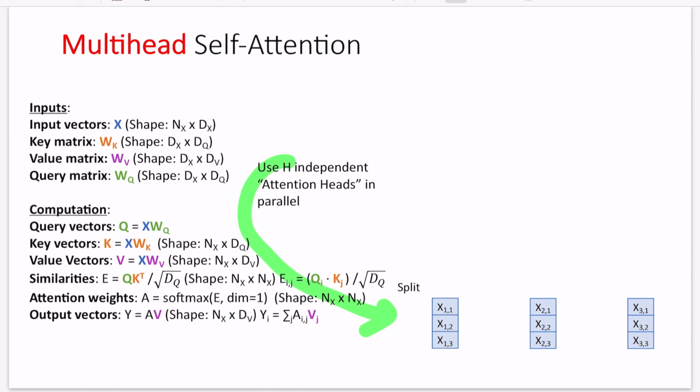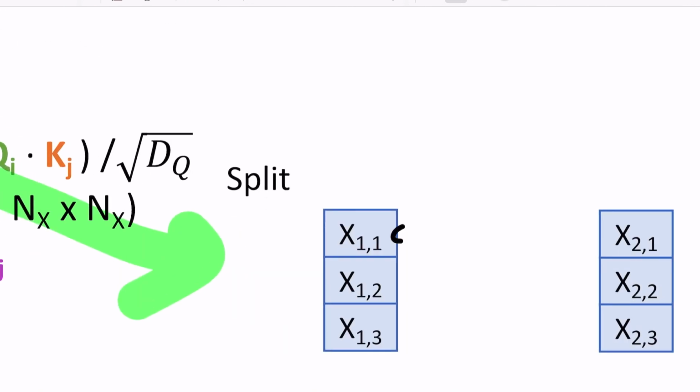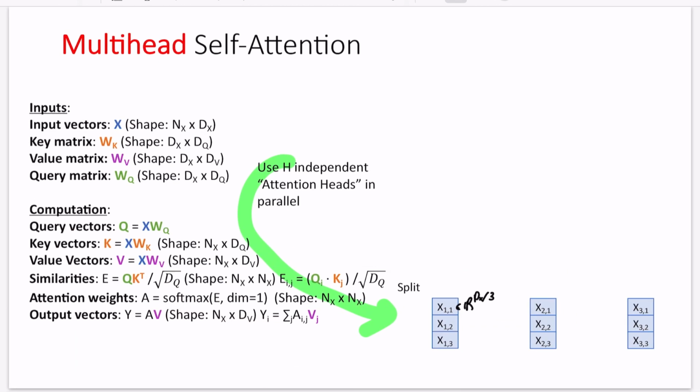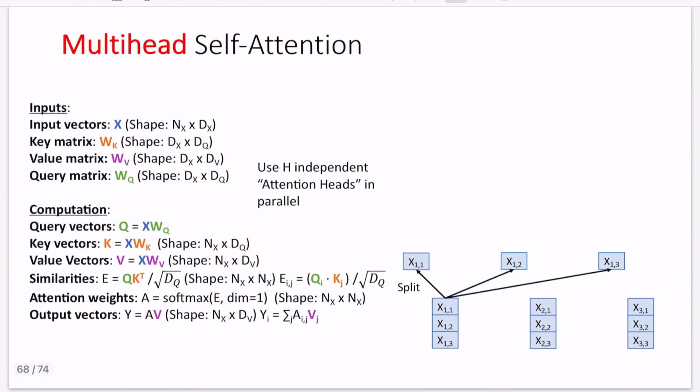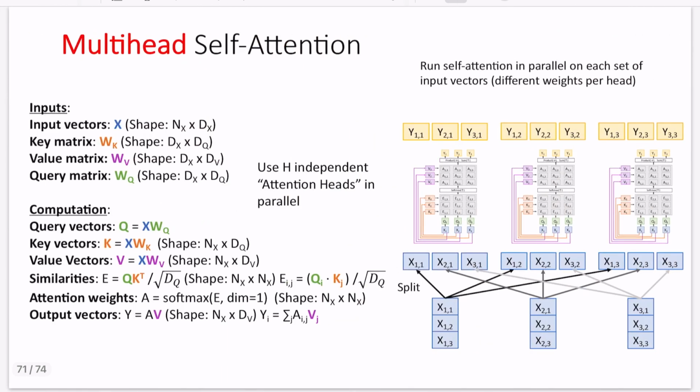So each vector dimension is going to be dx over 3. Given such separated vectors, just apply the self-attention layer to x1, x2, x3 in the first part, and likewise to the other parts, independently.